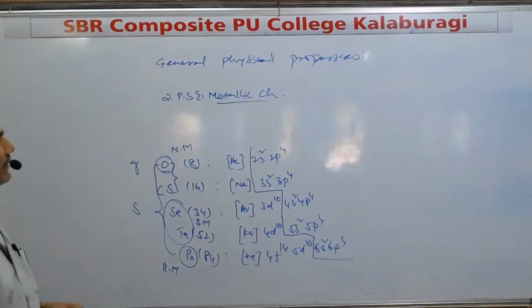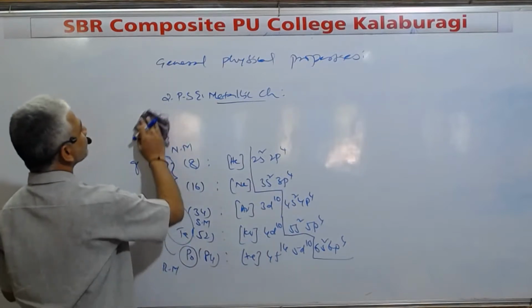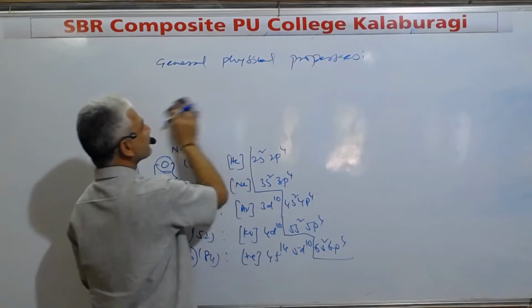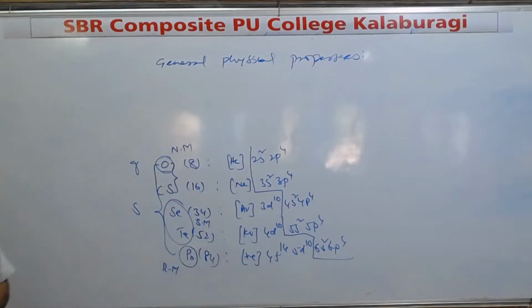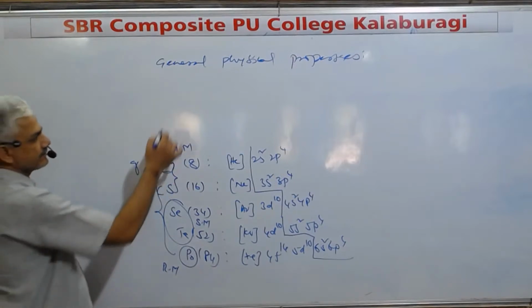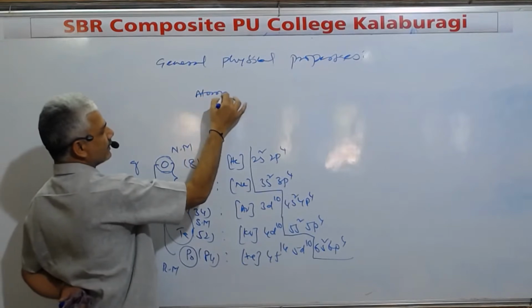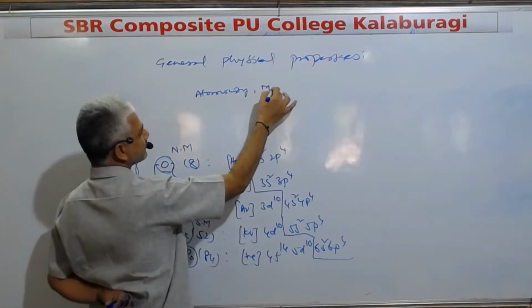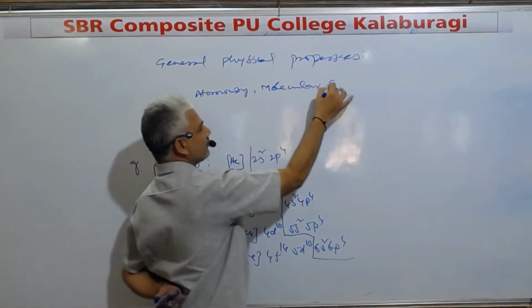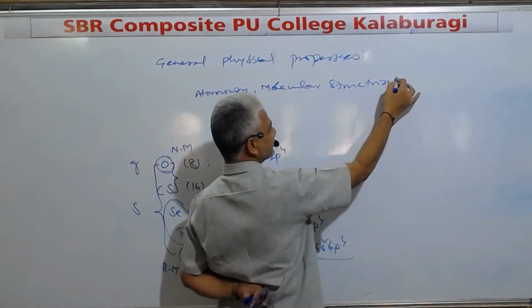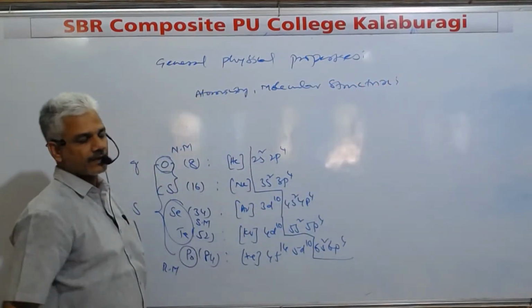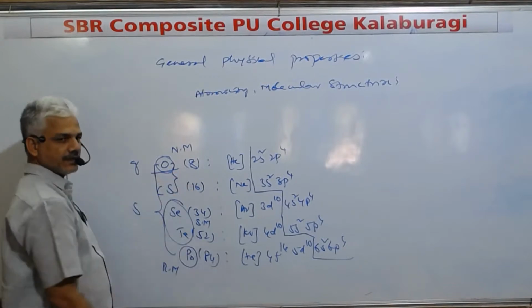Next. What is the next property? Atomicity and molecular structure. How is oxygen present in nature?